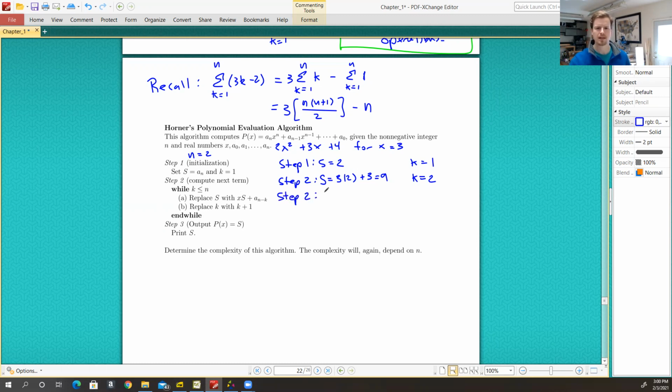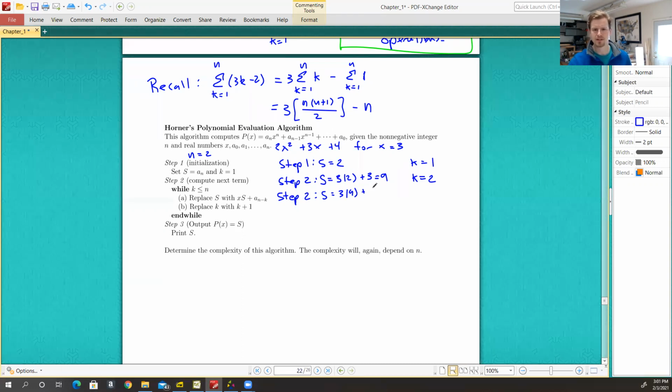So step 2 again. S is equal to, we take the value of s, which is 9, and we multiply it by x, so 3 times 9 plus a sub n minus k. 2 minus 2 is 0, right?